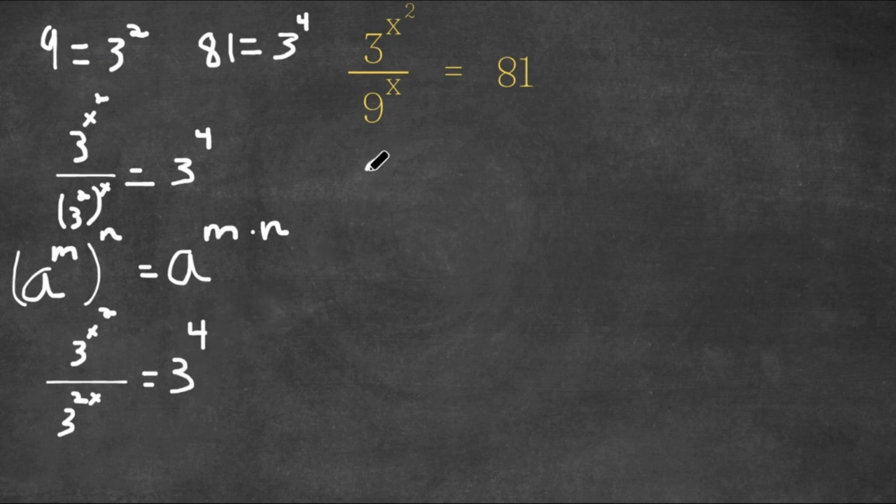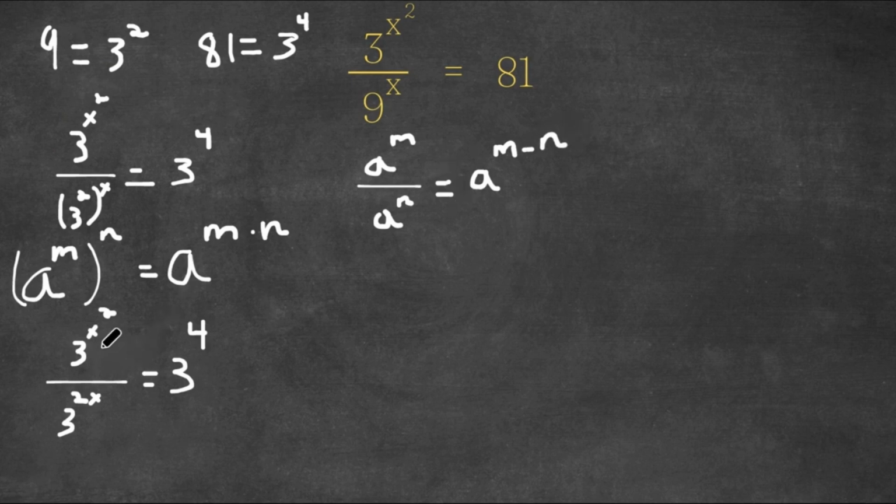Now, if we have a to the power of m over a to the power of n, so if we are essentially dividing exponents, this would equal a to the power of m minus n. This is a basic property of exponents.